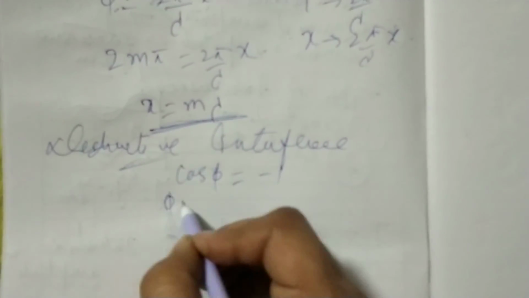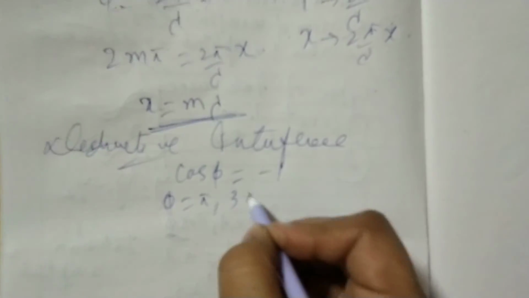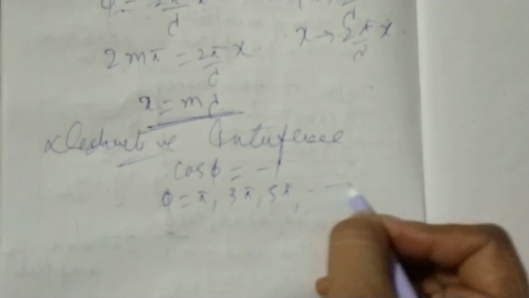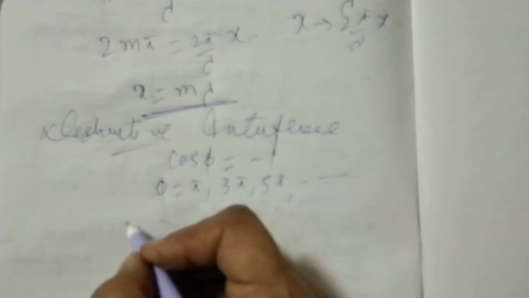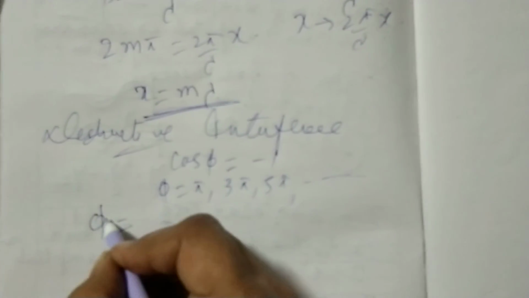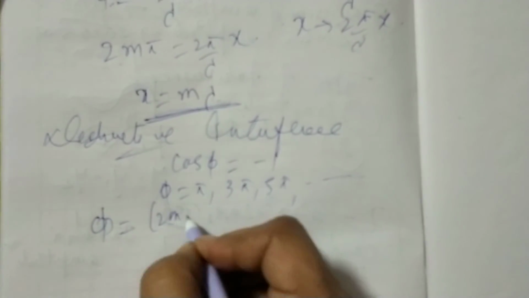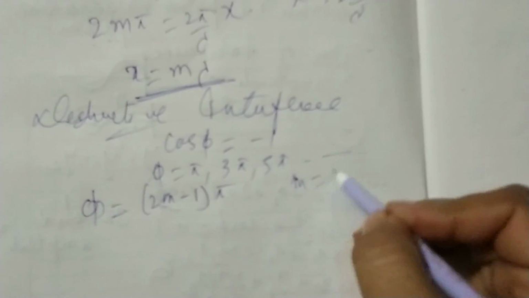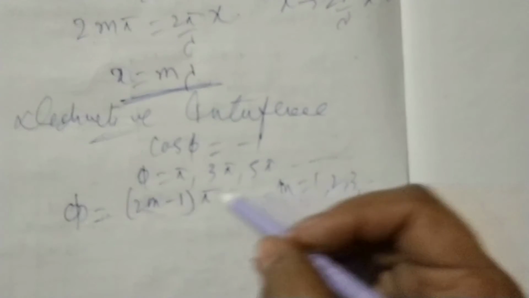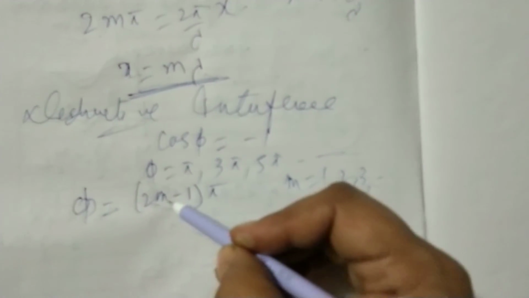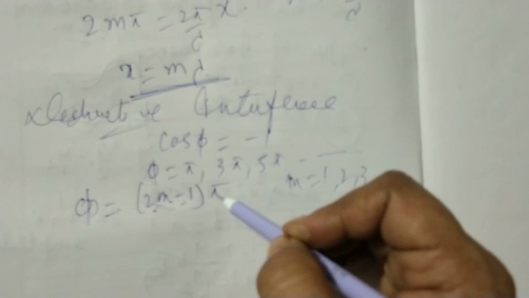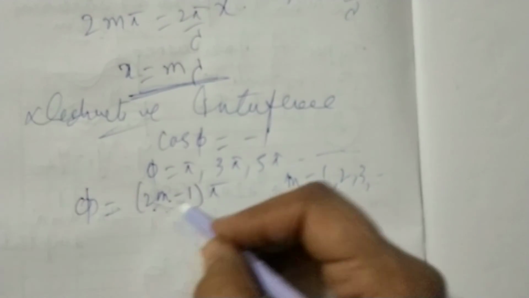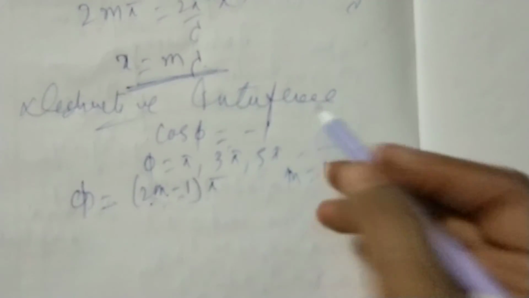So when phi is equal to pi, 3 pi, 5 pi, and so on, we can write phi is equal to (2m minus 1) pi. If you substitute m equal to 1, then 2 minus 1 becomes 1, that is pi. If it is 2, then 4 minus 1 is 3 pi. That way we are getting it.